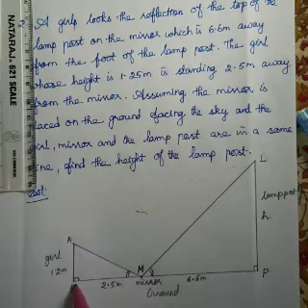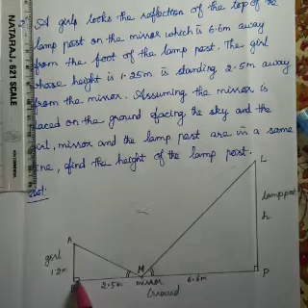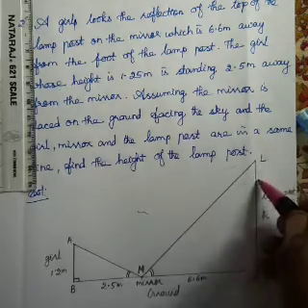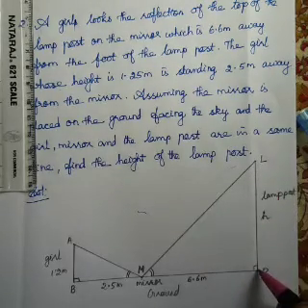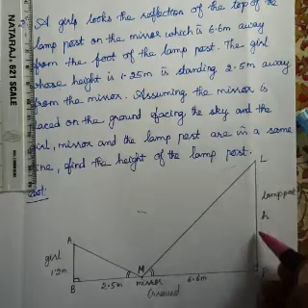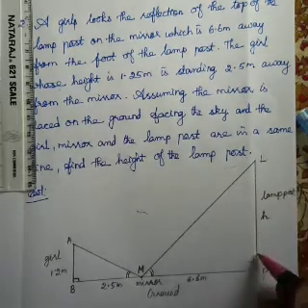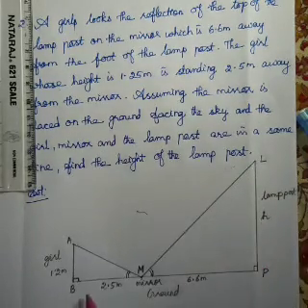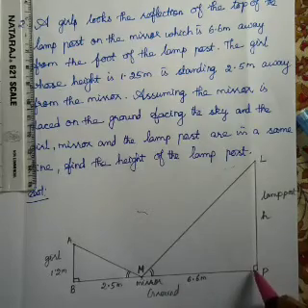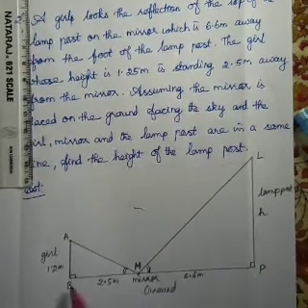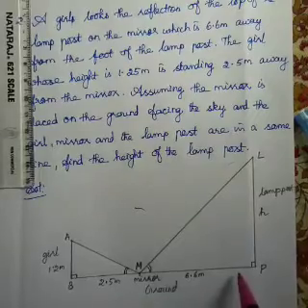So the girl is perpendicular to the ground, so we can consider this as 90 degree. Like the same, the lamp post height we need to find out is also the perpendicular distance. So this LP is perpendicular to BP, so this is also 90 degree. So these two angles are 90 degree.